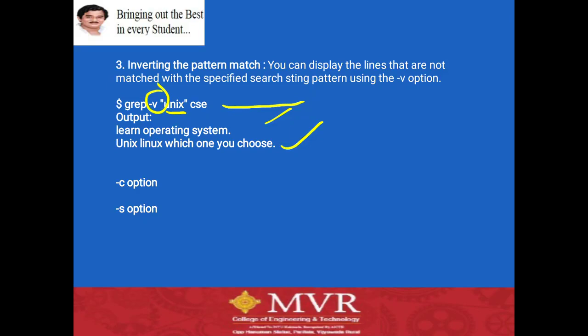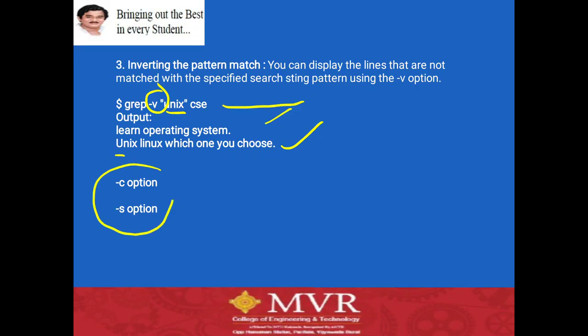-v is nothing but verbose, inverse. So here what happens, grep will not display the lines which are matched. It will only display the lines which don't match the given pattern. Got it? So the second line is displayed because it doesn't have unix, and the third line is displayed because it is having UNIX but it is not matched with respect to the case, because we have given a small u and here we are having a capital U. That's why it's displayed.